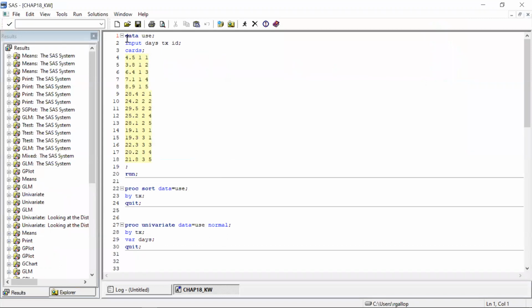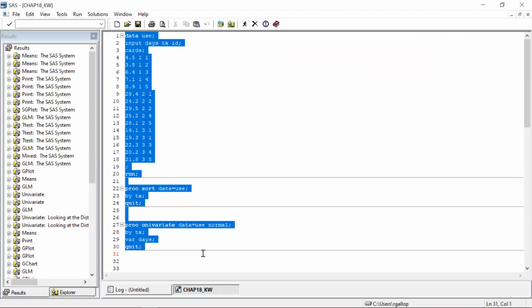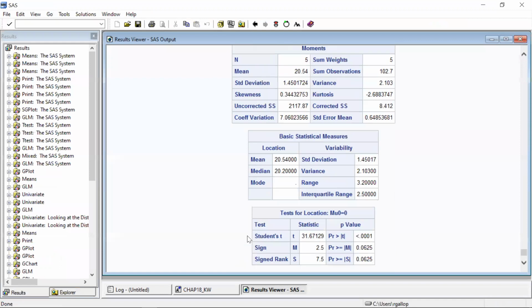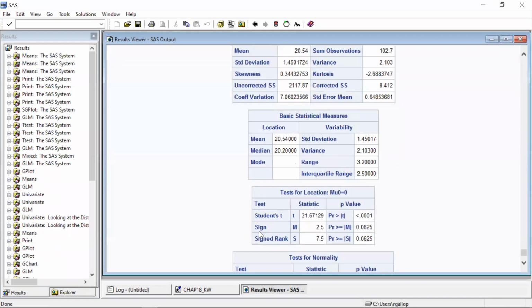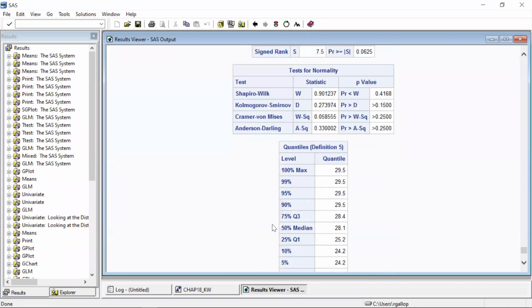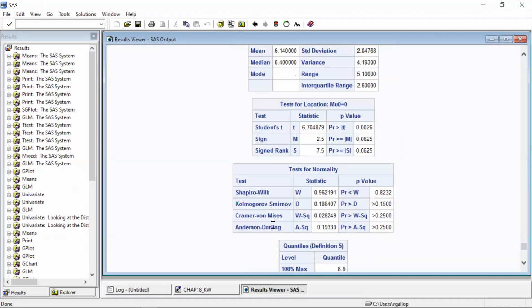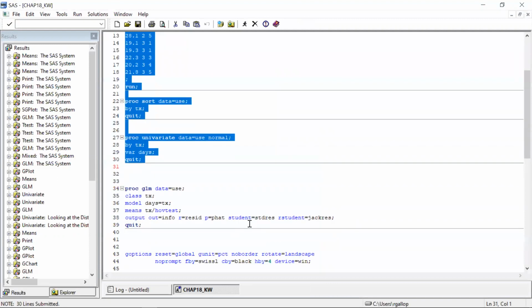So I'm loading this one here, days by treatment ID. What you can see here is treatment 3, I'm looking at it backwards, treatment 2, treatment 1, no evidence of issues with respect to normality.